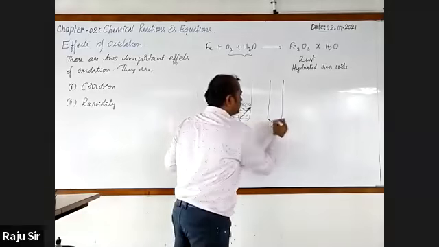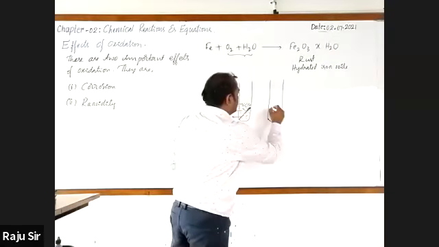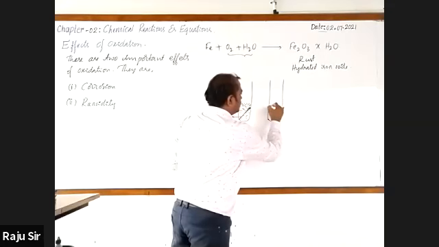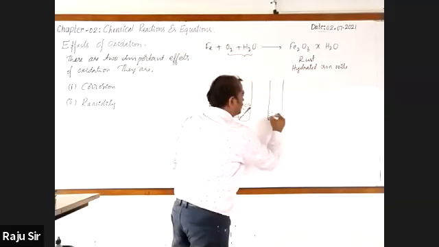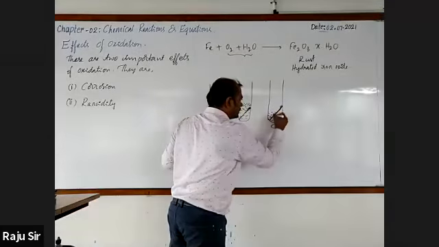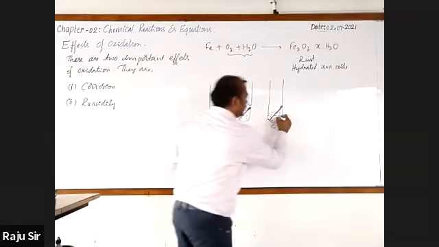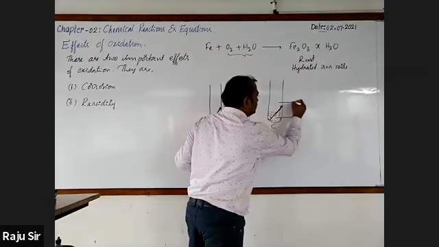Next, the third one. Again, you are going to take water in the third test tube and immerse the iron nail partially. Here, this is water and this is air.